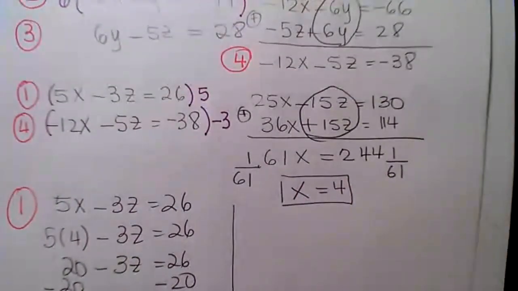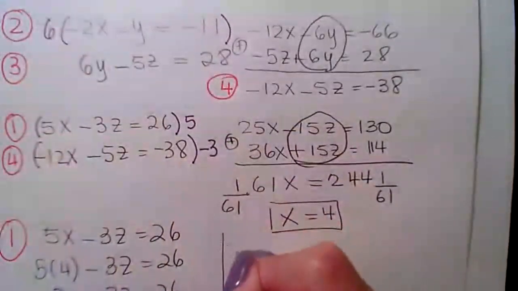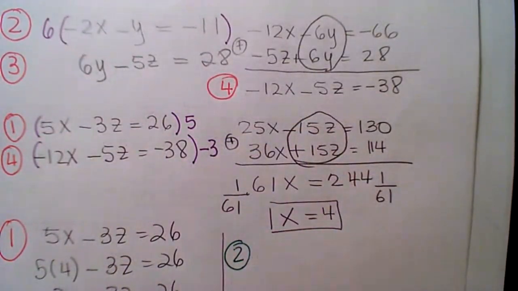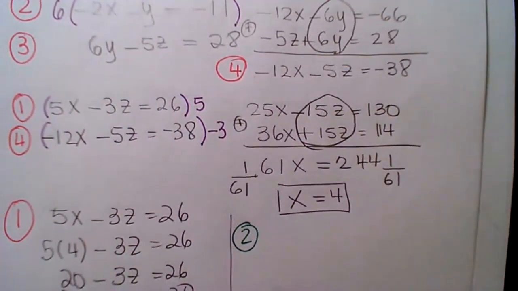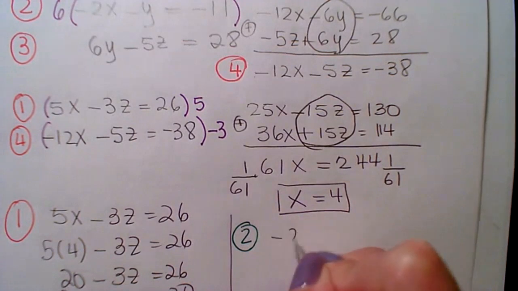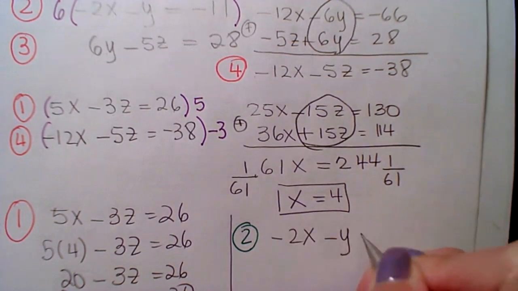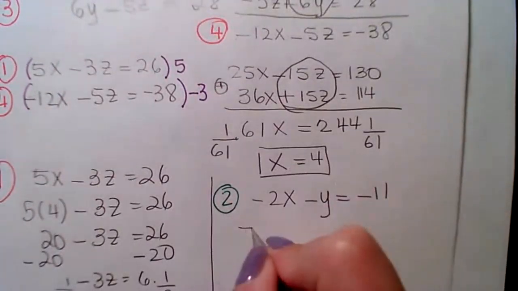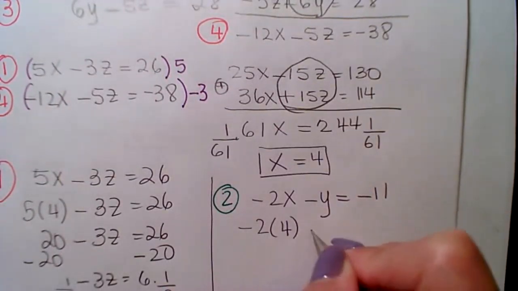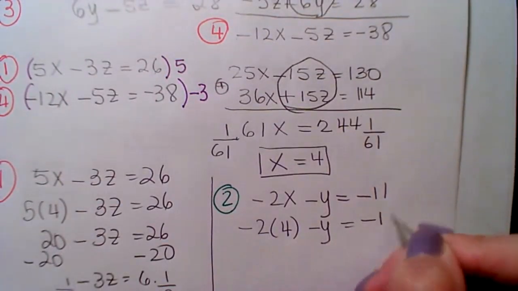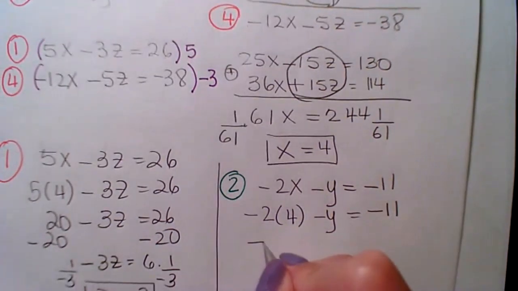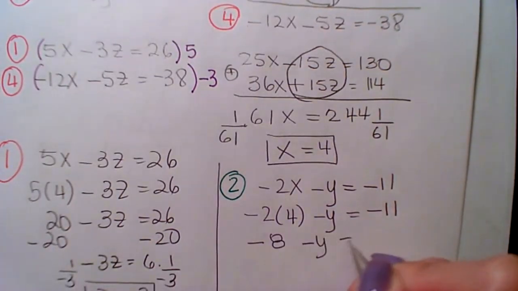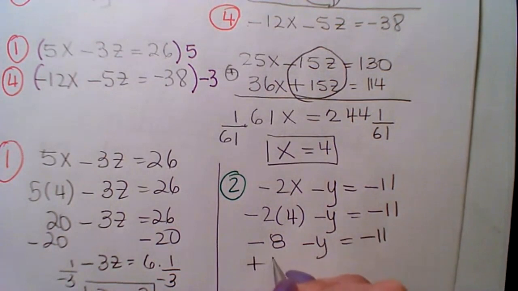Now, let's take the second one, which is what? Negative 2x minus y equals negative 11. So I have negative 2 times 4 minus y. It doesn't matter which one you use. Negative 8. So we're adding 8.